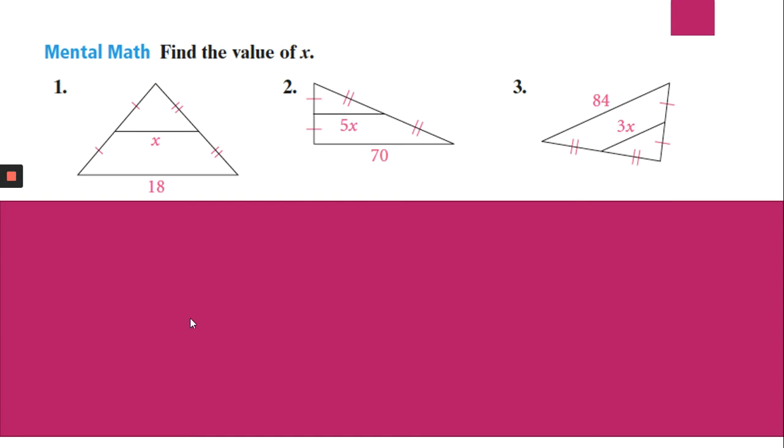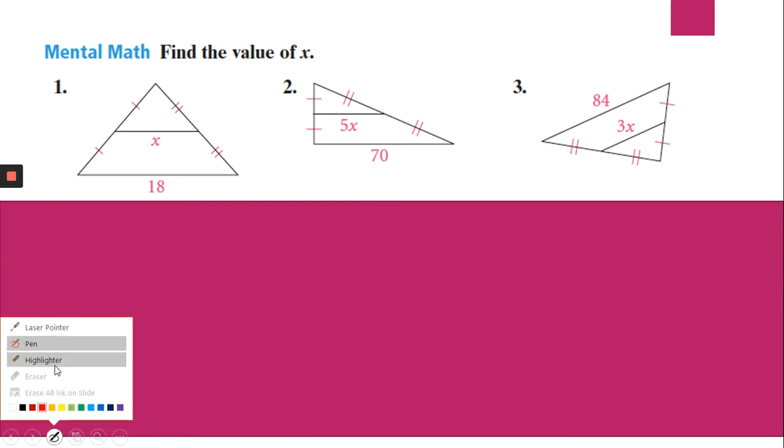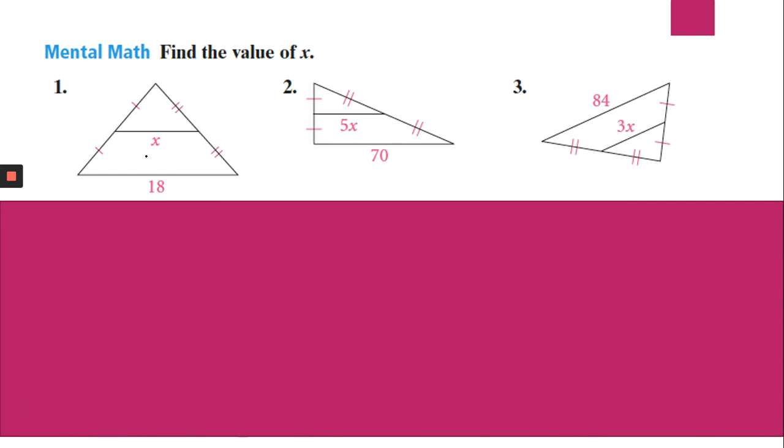Okay, let's have more examples here. Suppose we are asked to find the value of x. So let's have number 1, find the value of x. If these are equal, therefore this is a midpoint, right? If these are midpoints, therefore this is a mid-segment.